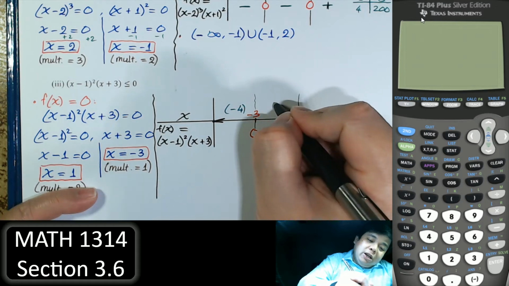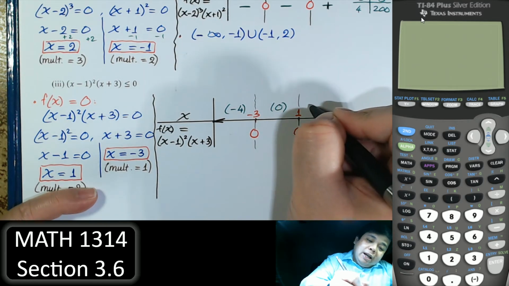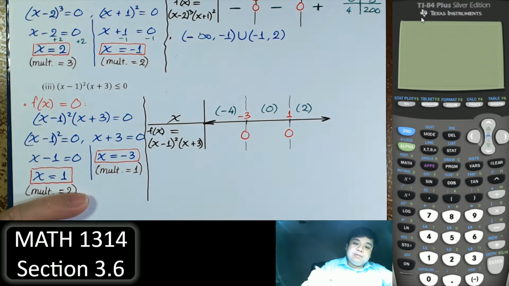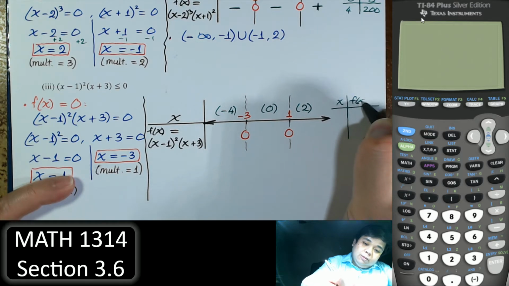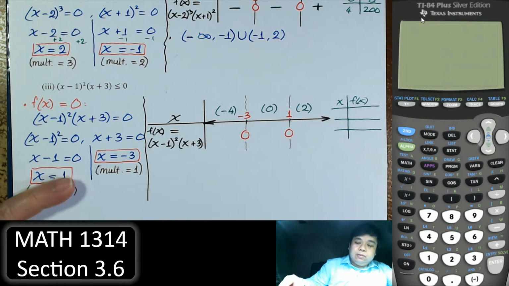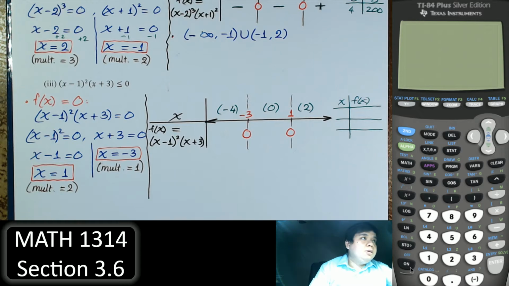Choose -4 here, then choose 0, and then 2, right? So I have x minus 1 squared and x plus 3. Get the values.